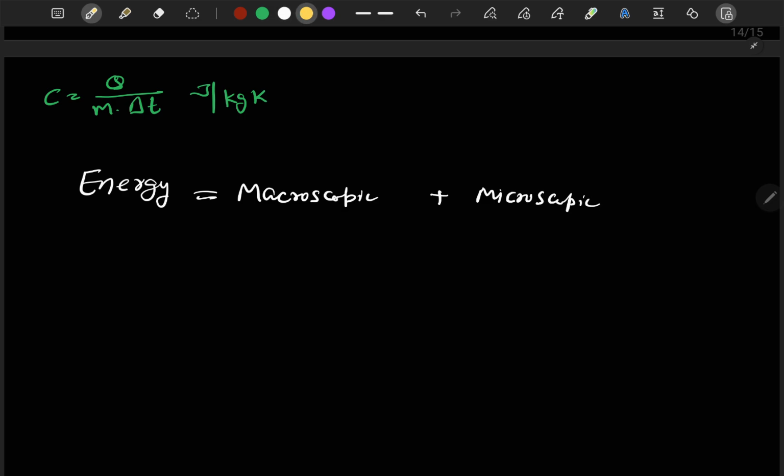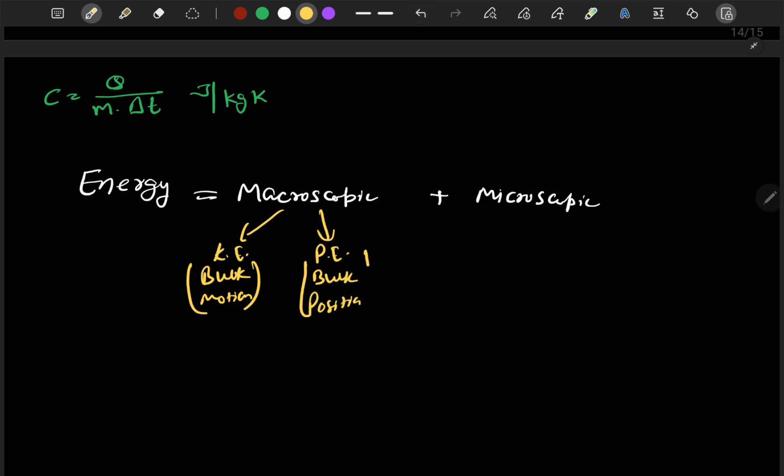This macroscopic term includes bulk energy, for example kinetic energy and potential energy. This can also be written as bulk motion energy, and potential energy can be termed as bulk position.